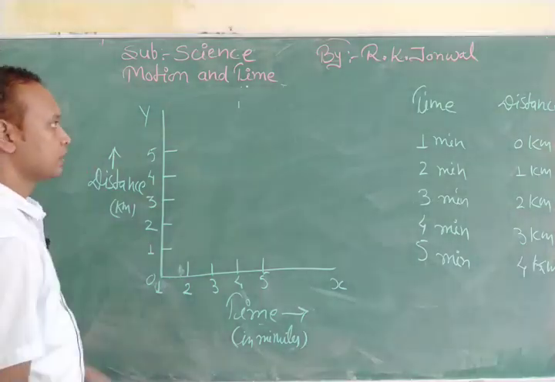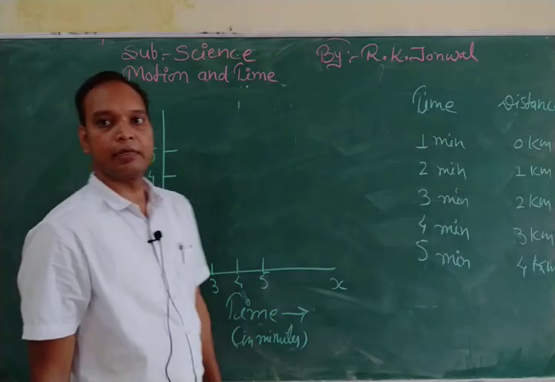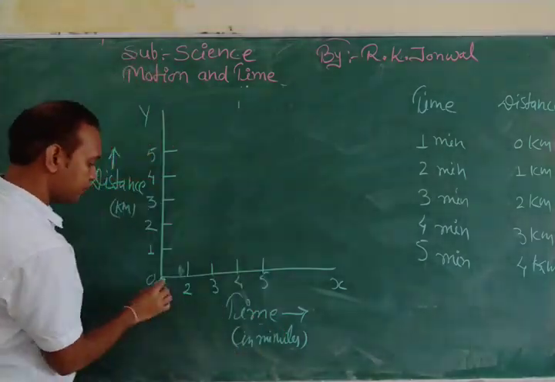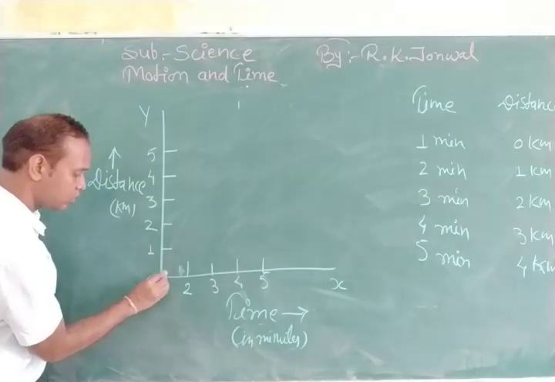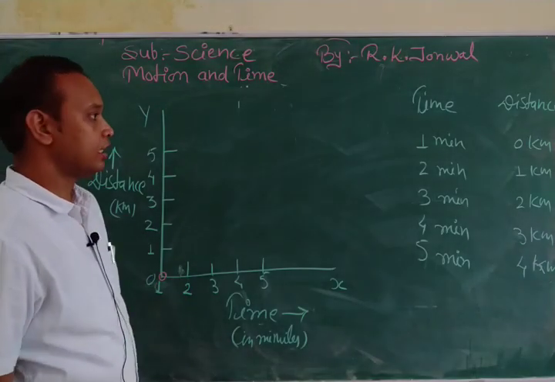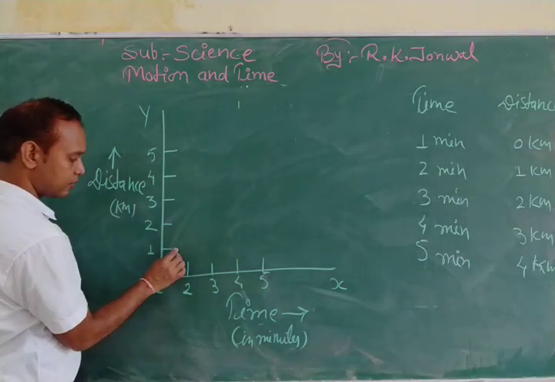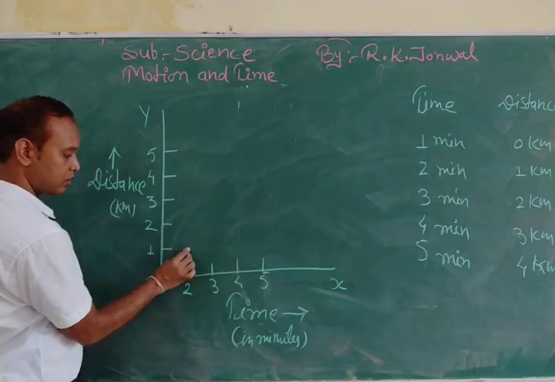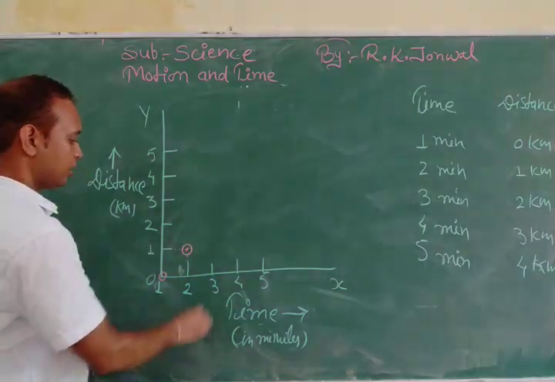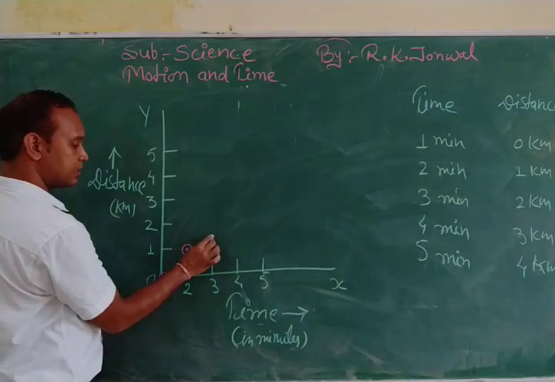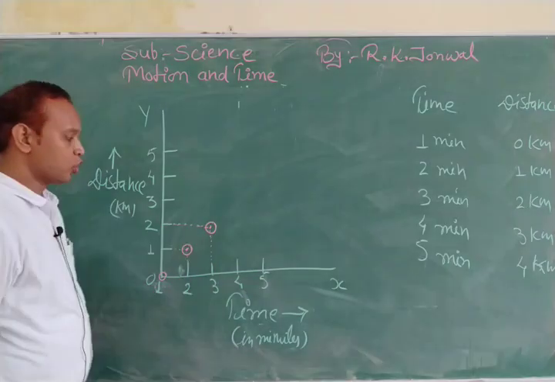So first, at 1 minute, the distance covered by the object is 0 kilometer. We can see here that is 0. At the time of 2 minutes, the distance covered by the object is 1 kilometer. After 3 minutes, the distance covered is 2 kilometer.